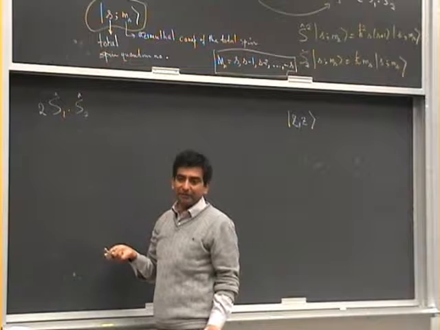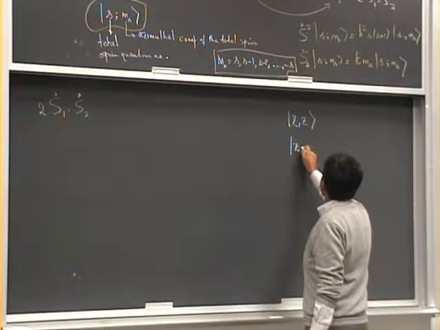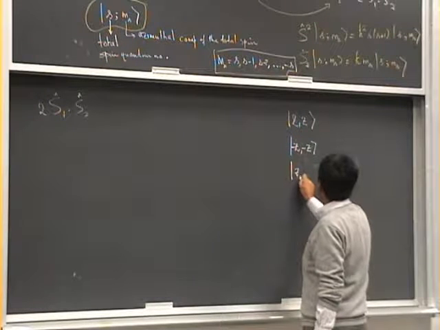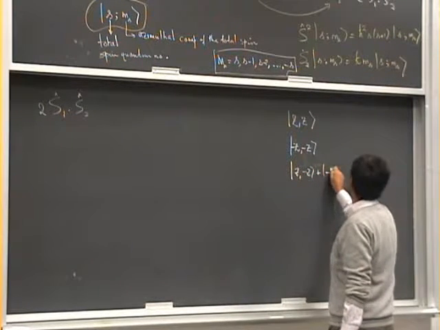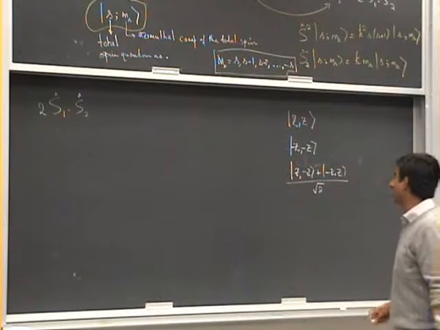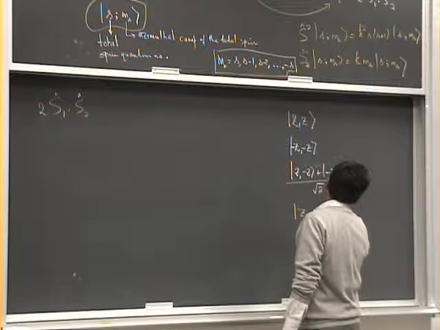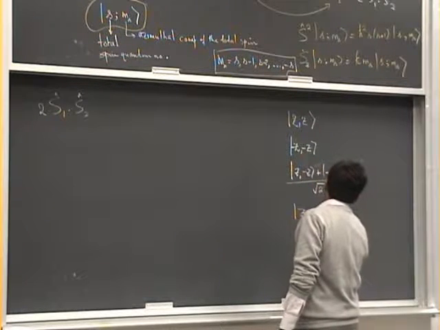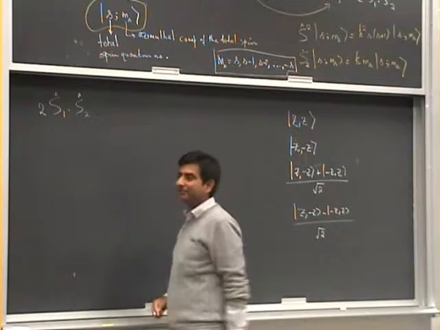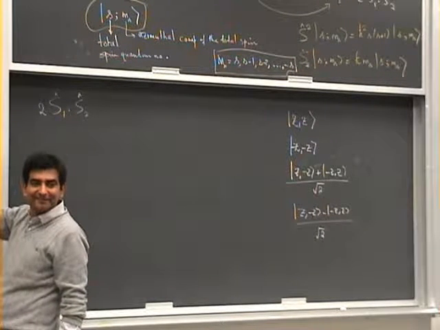Right? This is one of these. The other is minus z minus z. The third one is plus z minus z plus minus z plus z over root 2. And the fourth one is plus z minus z minus minus z plus z over root 2. Now these are the four eigenstates of 2 S1 dot S2. Right? This is what we found here.